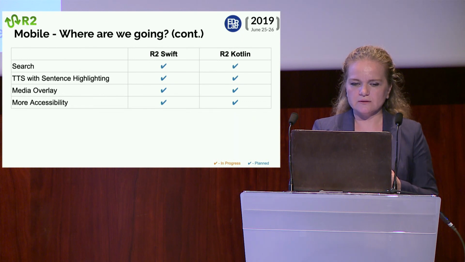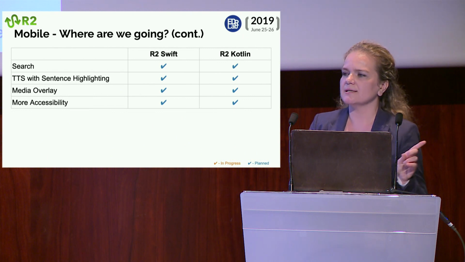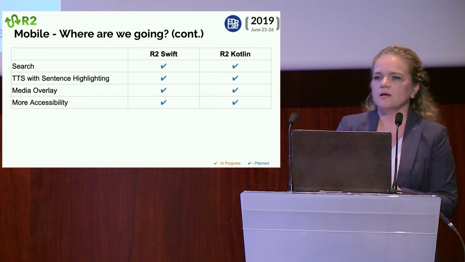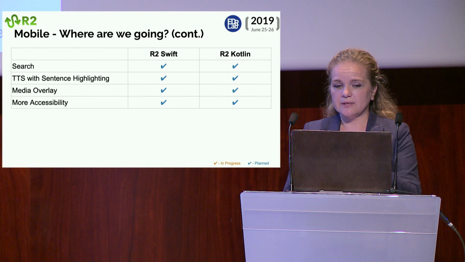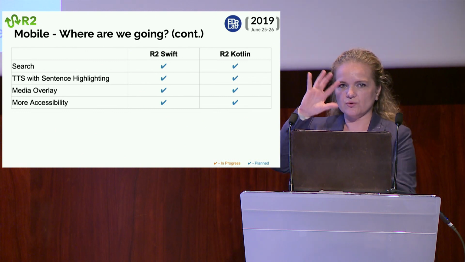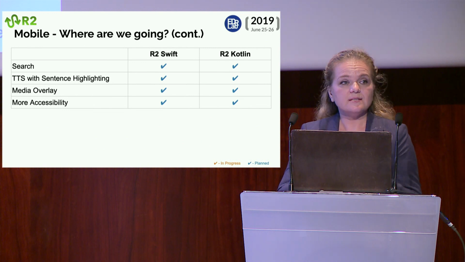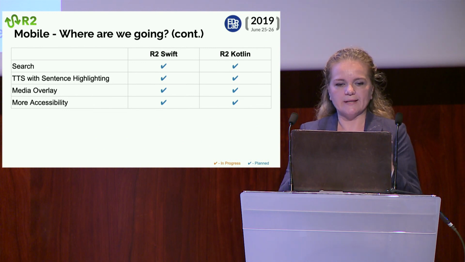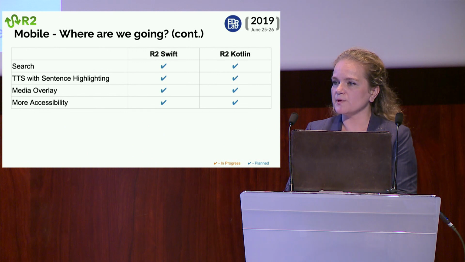A few more topics that are planned are search, and, as I mentioned before, text-to-speech with overlay. We haven't completed the sentence highlighting yet, but the overlay is basically a visual overlay which reads the entire book aloud, but also shows what is being read.